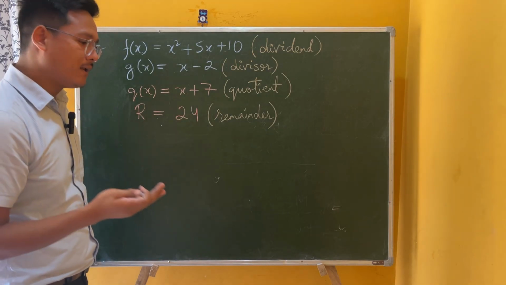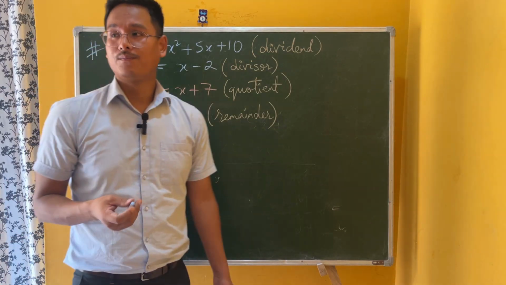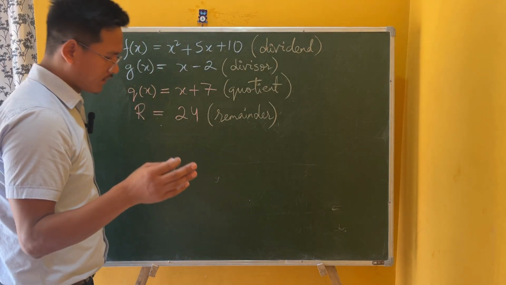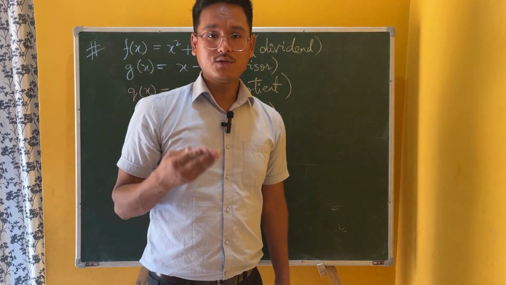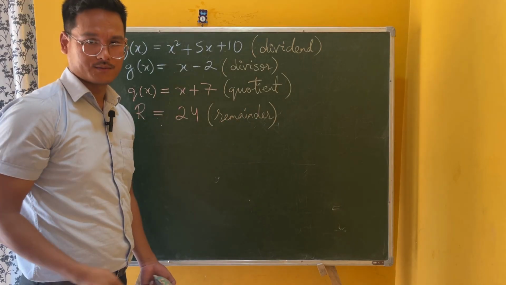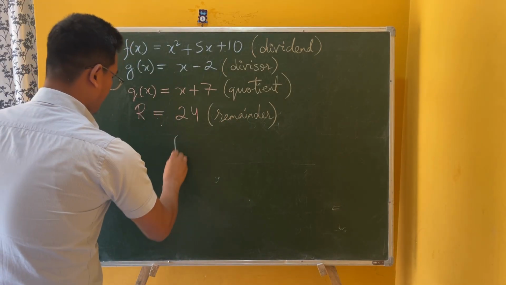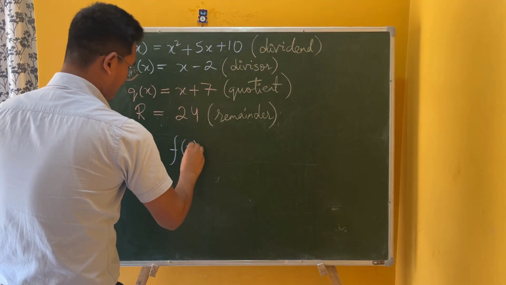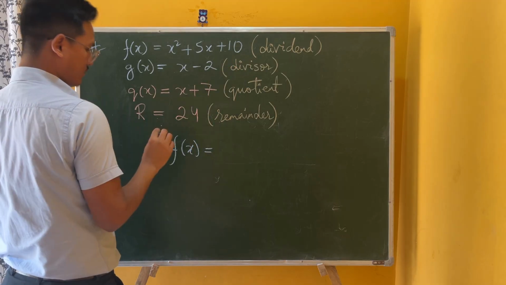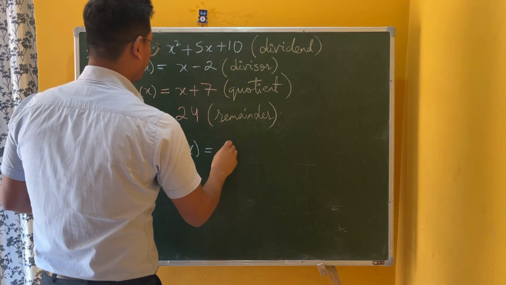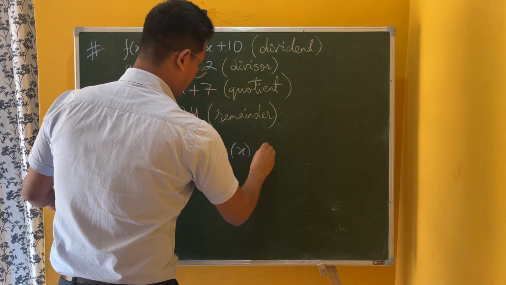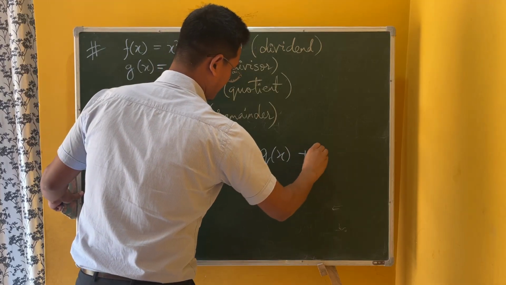Now there is a rule in mathematics. The rule is called the division algorithm. It shows the relationship between dividend, divisor, quotient and remainder. In our case, this is the dividend. So f(x) can be written as, when our divisor is x minus 2, g(x) into q(x) plus r.